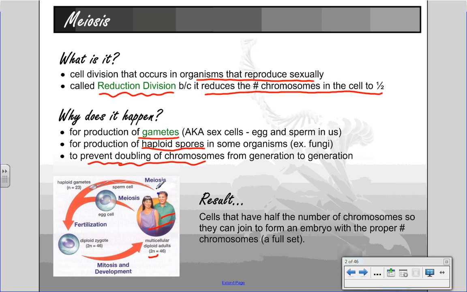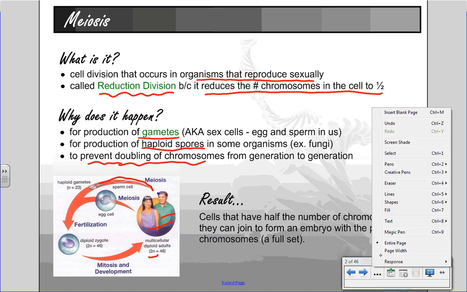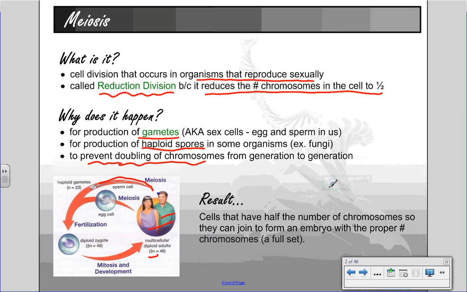Some of the cells that are in his testes would undergo the process of meiosis in order to make sperm. Okay, so those cells undergo meiosis, and we get a haploid sperm, which has half the number of chromosomes.